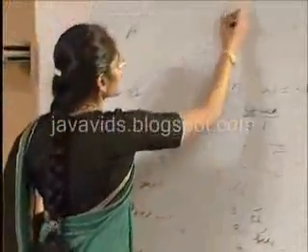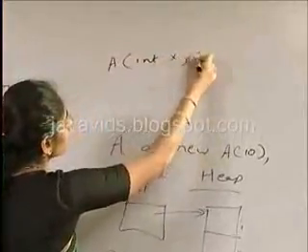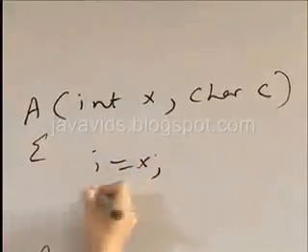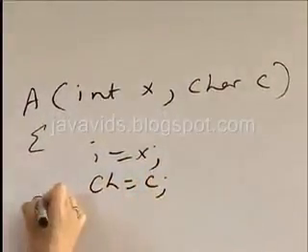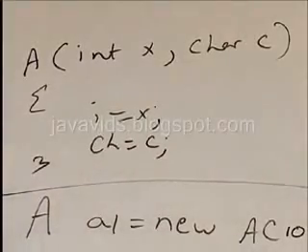Okay? You can have any number of constructors in a class. So now there are two ways of creating an instance of this class.